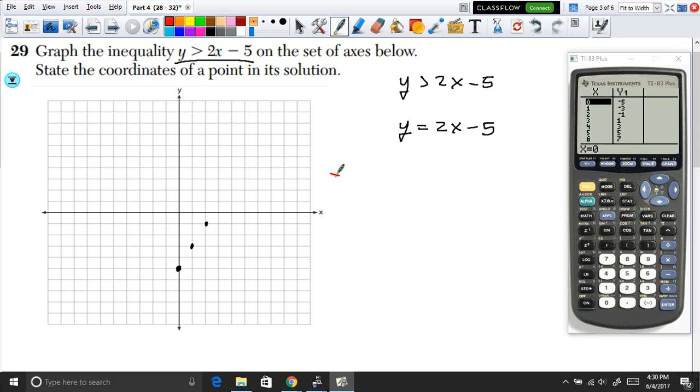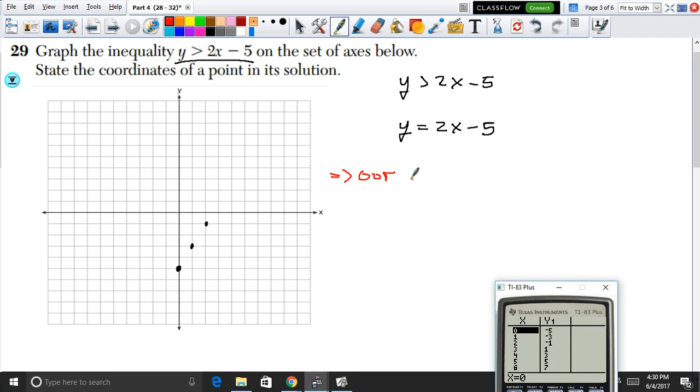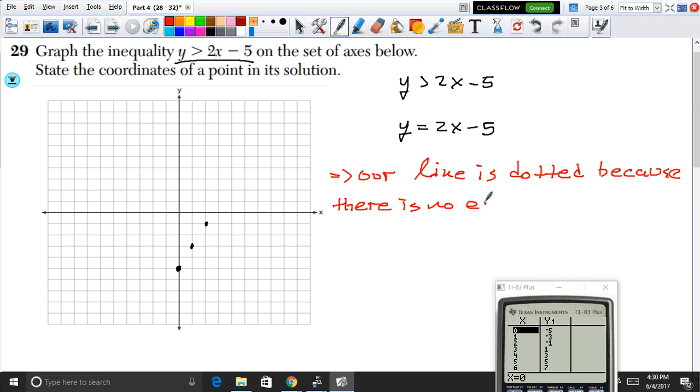In this case, our line here is dotted because there is no equality in the inequality.